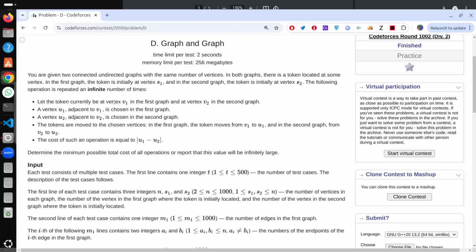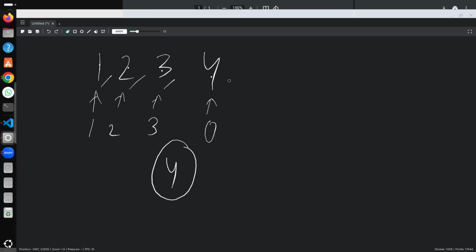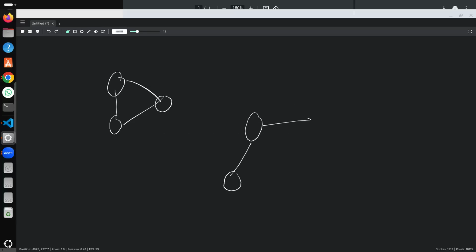Basically, there are two graphs. Let's say this is one graph, this is another graph. Okay, both have four vertices. Both have the same number of vertices.